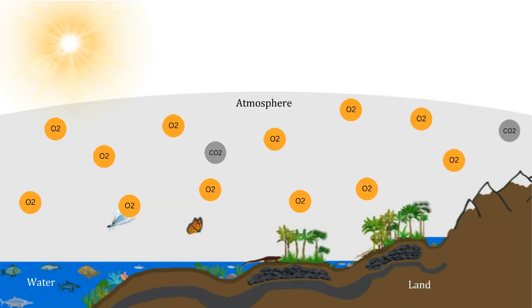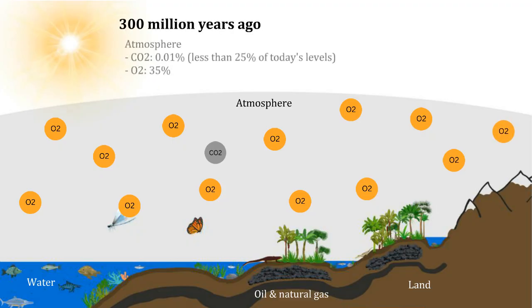With heat, pressure, and lots of time, these sediments slowly turned into oil and natural gas. In this way, almost all of the oil and natural gas that we use today was formed in the last 500 million years. By 300 million years ago, the amount of CO2 in the atmosphere had dropped to just 110 parts per million. That's less than 25% of today's levels.